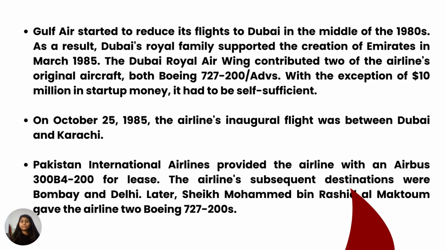Pakistan International Airlines provided the airline with an Airbus 300 B4-200 on full lease. The airline's subsequent destinations were Bombay and Delhi.